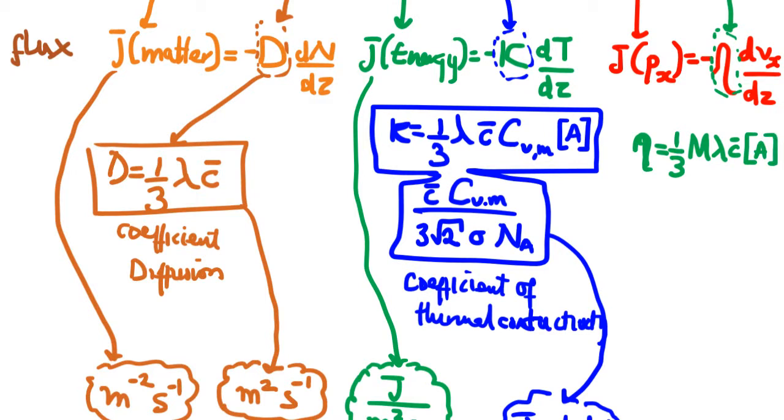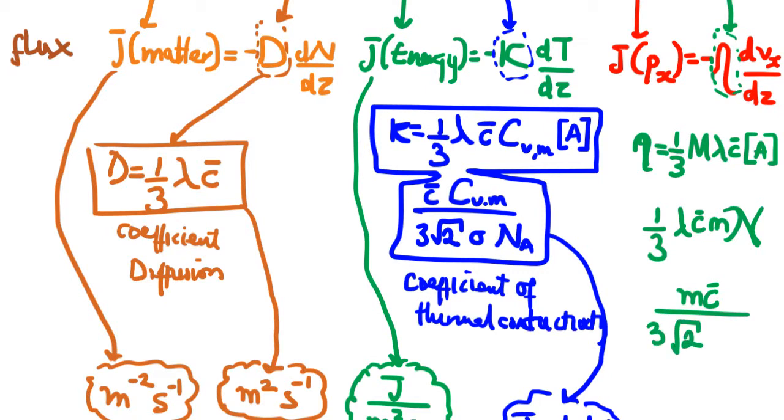but also it can be determined by 1/3 multiplied by our mean free path multiplied by our mean speed. This is also multiplied by the mass of the atom and multiplied by the number density. And finally, it can be determined by multiplying the mass of the specific atom by the mean speed, all divided by 3 multiplied by the square root of 2, all multiplied by the cross-section area.